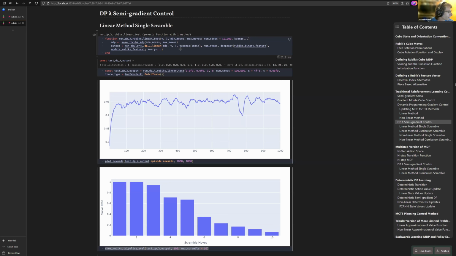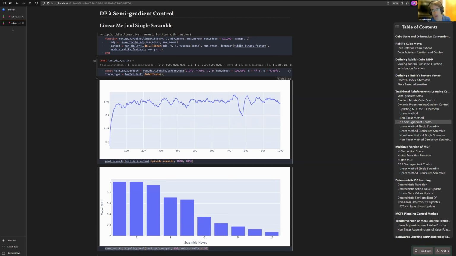So this is showing the result of applying it. Oh yeah, this problem is also the one where you get a reward of 1 for solving the cube. So this has to be a discounted problem. This value of 0.9 is the discount rate I'm using. This is the value of lambda. If I set lambda to 0, this effectively becomes just a straight temporal difference method.